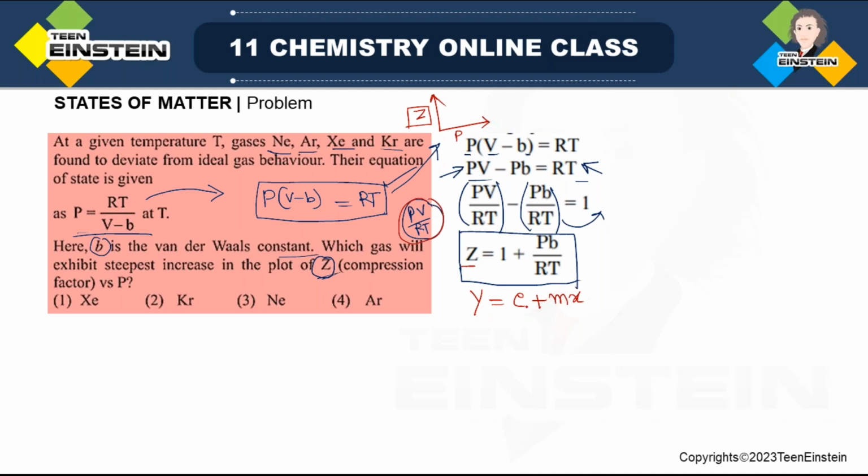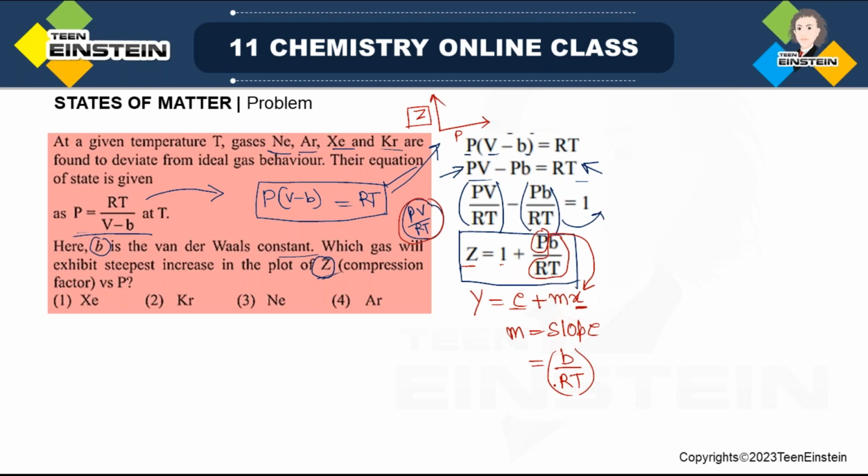So y is Z. This is intercept 1 and x is basically... sorry, x is not b. x is basically P. This is x. That means b by RT is slope. So m is slope, which is basically b by RT, not P.